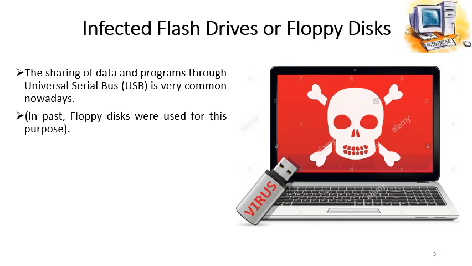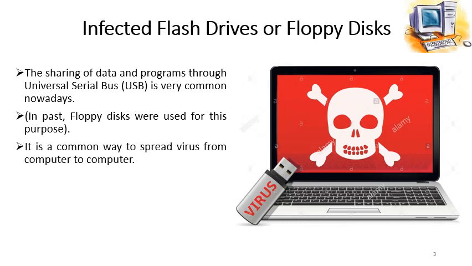They are not used nowadays. So instead of floppy disks, flash drives or USBs are used, and they are the main source of viruses for computers. It is a common way to spread virus from computer to computer.